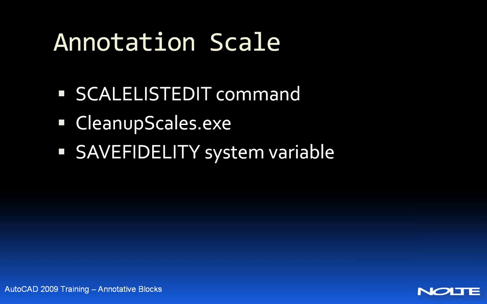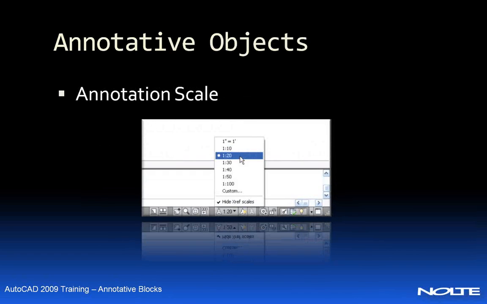If you set the save fidelity variable to 0 or you turn that off, when you open a 2009 drawing in AutoCAD 2007, the annotative objects will only display at the scale that the drawing was saved at. All right, the drawing will open again in 2009, and the annotative functionality will return when it's opened up in 2009. All right, so that's the bits on annotation scale.